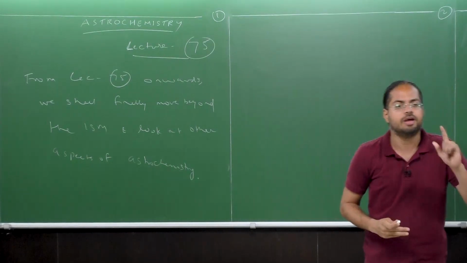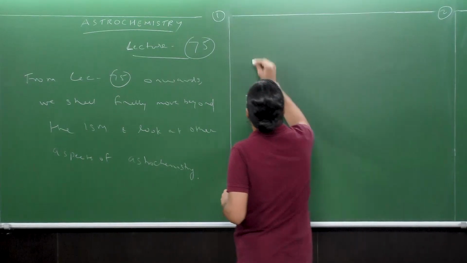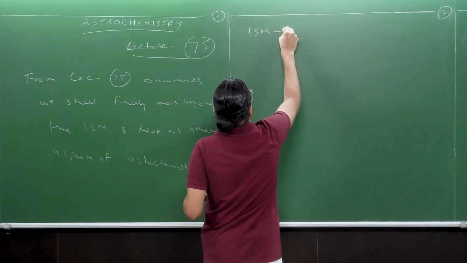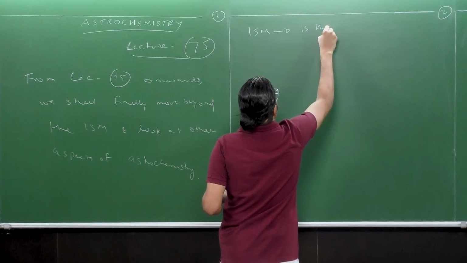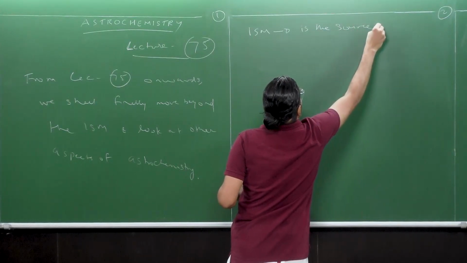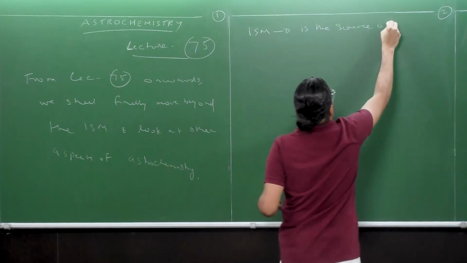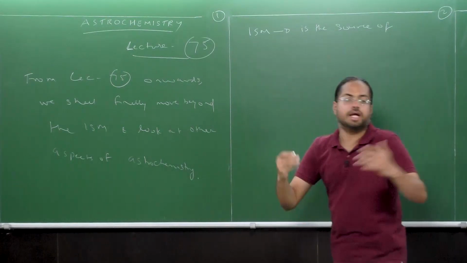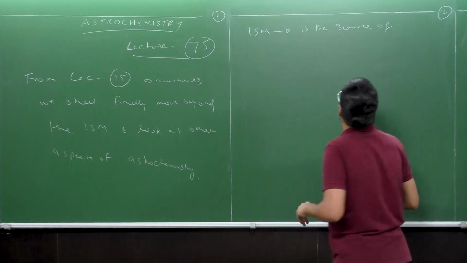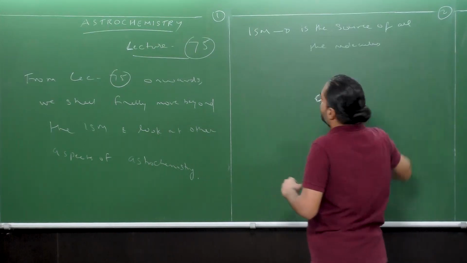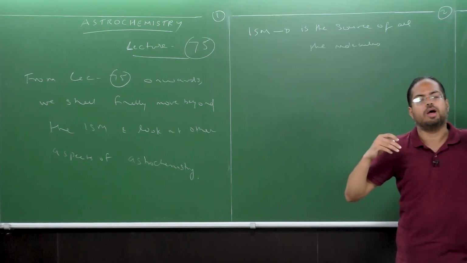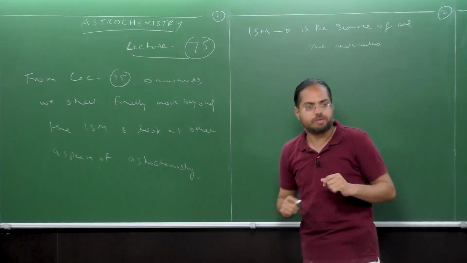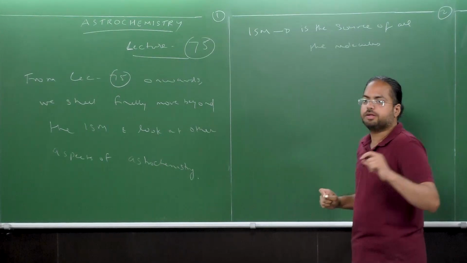What is the reason? It is that the interstellar medium is the source of everything else, if you think about it. The interstellar medium is the source of all the molecules as part of any other aspect of astrochemistry. Right? So this is one point.